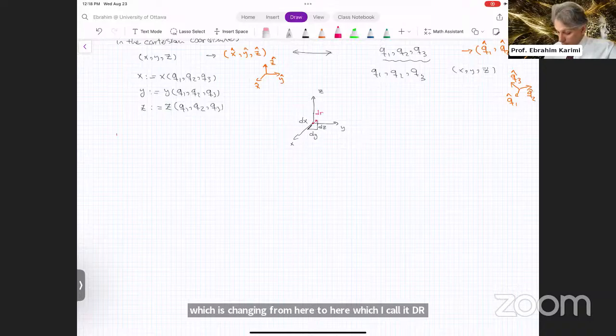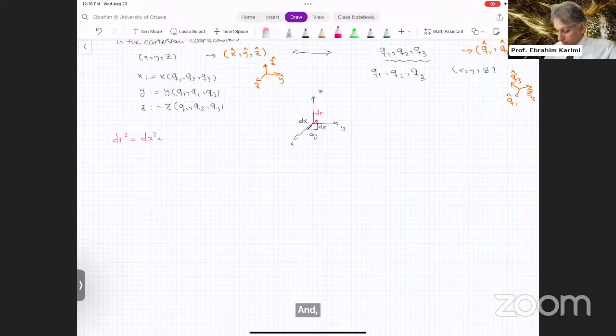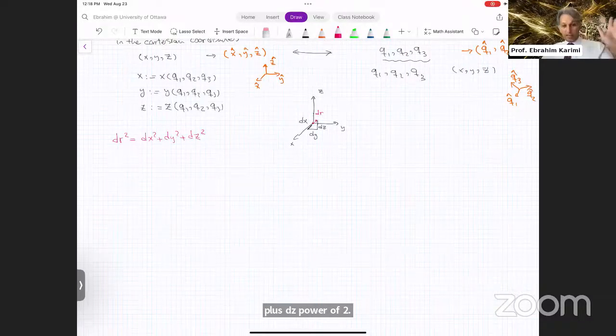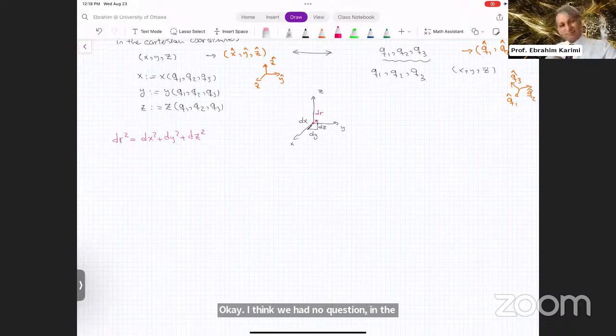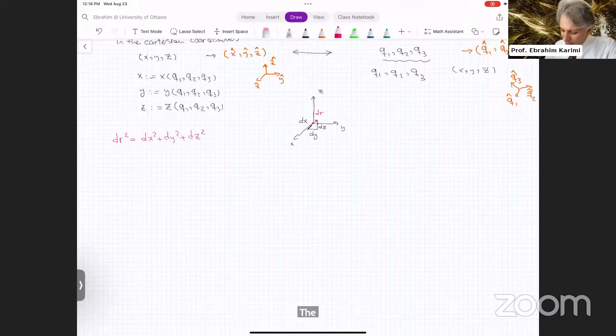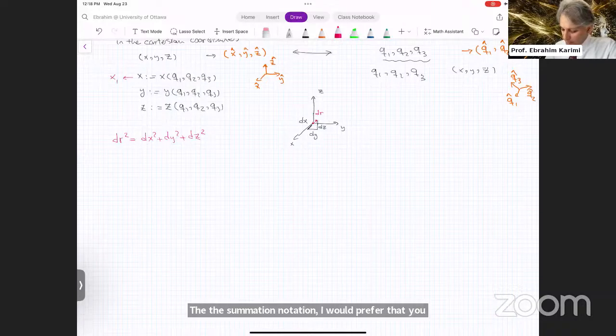And dr square is given by dx to the power of 2 plus dy to the power of 2 plus dz to the power of 2. I think we had no question in the past related to this. Since I'm using the summation notation, instead of x, I will use x1, instead of y, I use x2, and instead of z, I use x3.